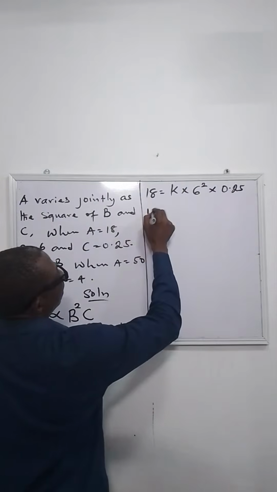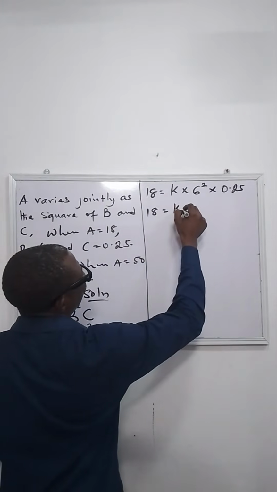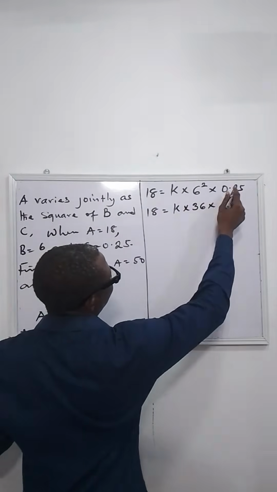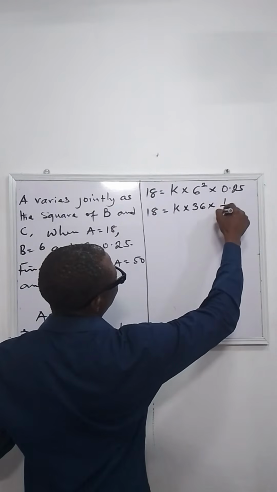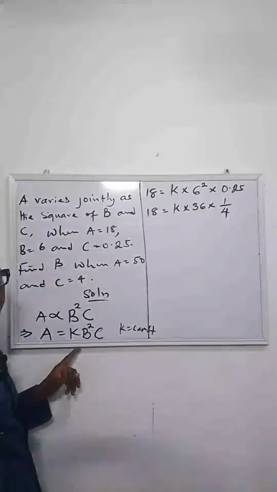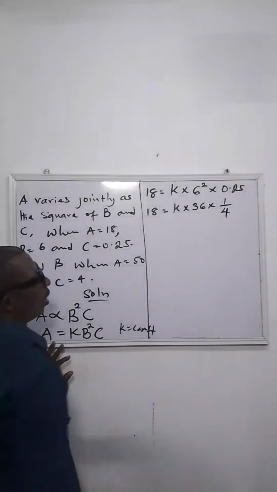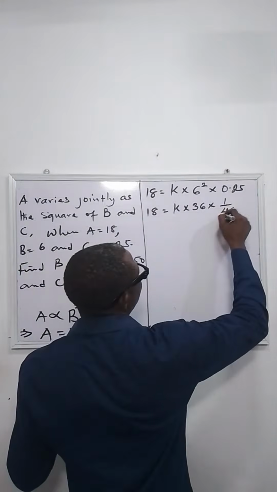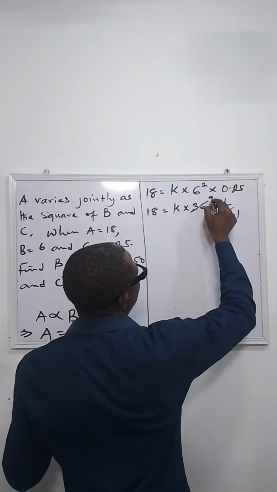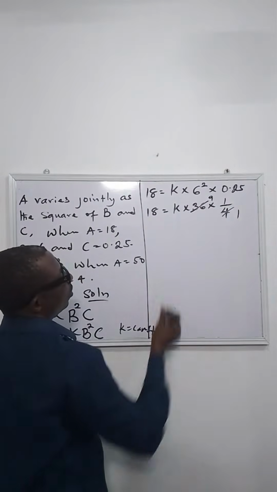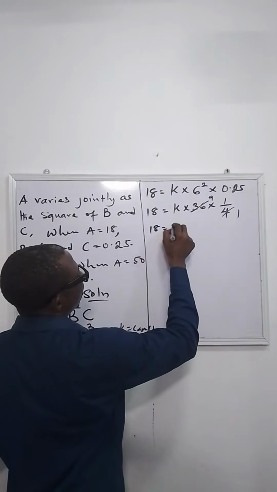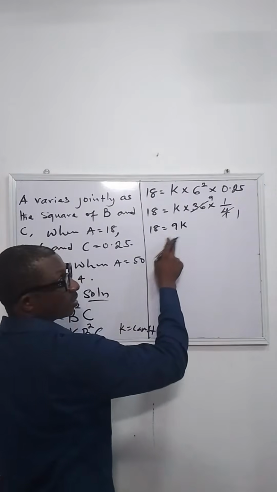All right. So now we have 18 equals K times 36 times, this is the same thing as 1 over 4. I hope you know that. All right. So 4 goes here, 1, 4 goes here, 9. So we have 18 equals 9K. So divide both sides by 9.